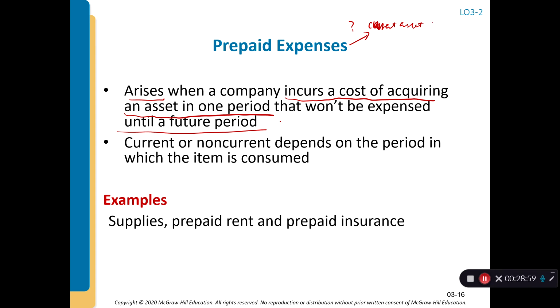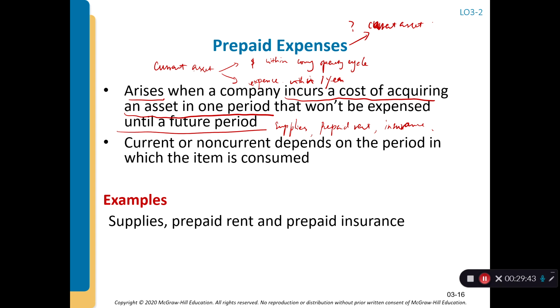For example, supplies, prepaid rent, and insurance. These assets are not converted to cash. Remember, a current asset is an asset that either can be converted into cash within the coming operating cycle, so within 1 year, or is going to be expensed within 1 year.